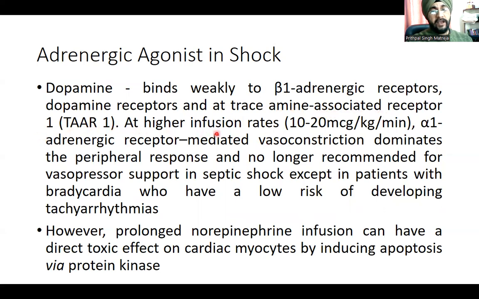But when we go to a higher infusion rate, somewhere around 10 to 20 micrograms per kg per minute, it tends to also bind to the alpha 1 adrenergic receptor mediated vasoconstriction, which tends to dominate the peripheral response, and it is no longer recommended for vasopressor support in shock, except in patients with bradycardia who have a low risk of developing cardiac tachyarrhythmia.